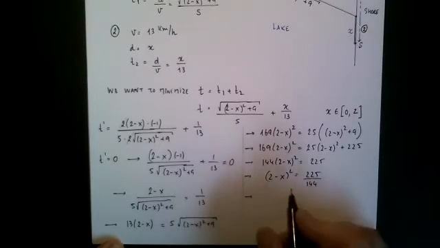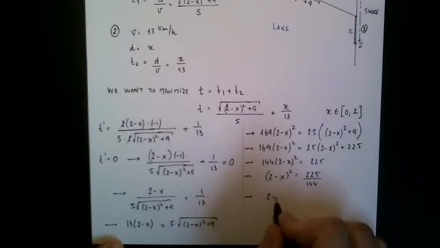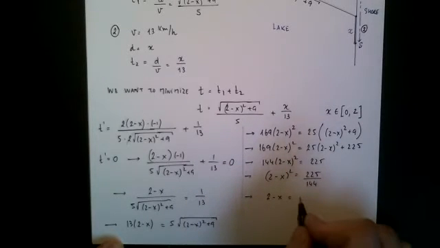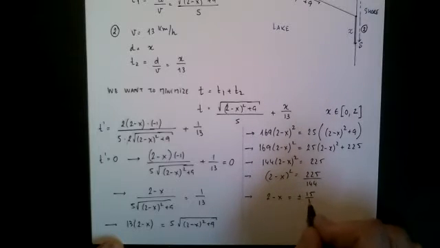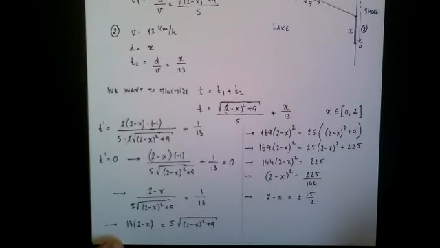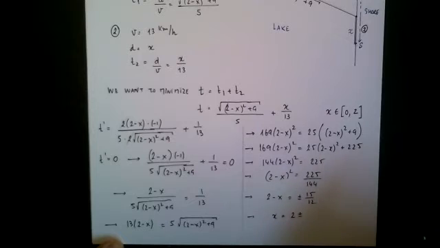Square root. 2 minus x is equal to plus or minus the square root of this, so 15 over 12. And so x is equal to 2 plus or minus 15 over 12, which if I divide by 3, I get 5 over 4.